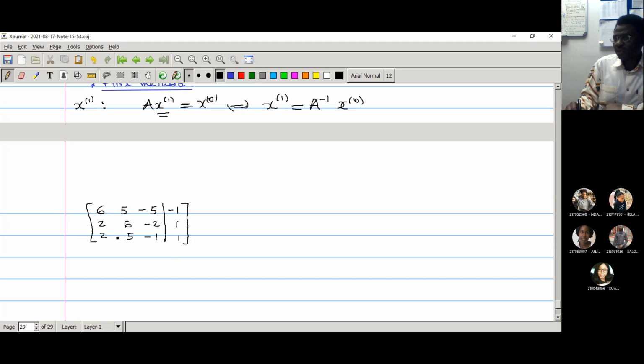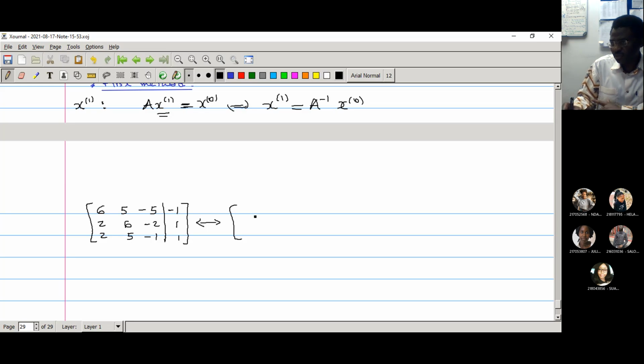Obviously, it's up to you. You can swap the rows to use one as a pivot row, or you can leave it like that, and then you'll be using fractions. Because if you leave it this way, your multipliers will be fractions. Now, if you want to avoid that, you can swap the first and the second row.